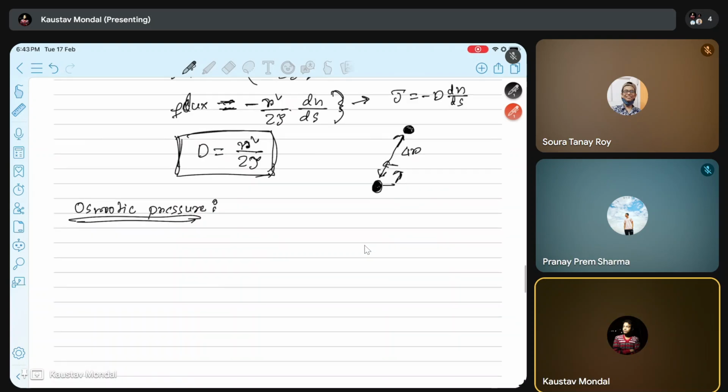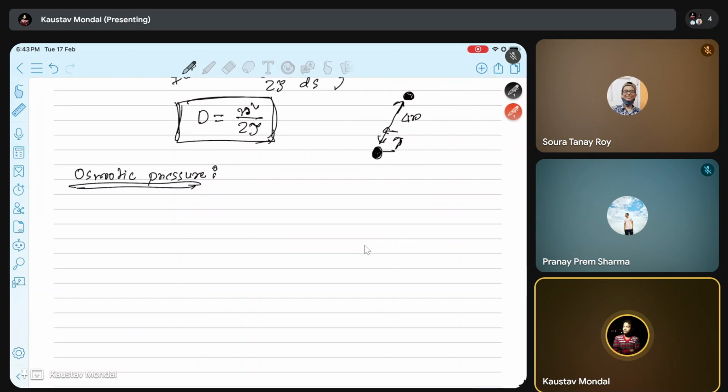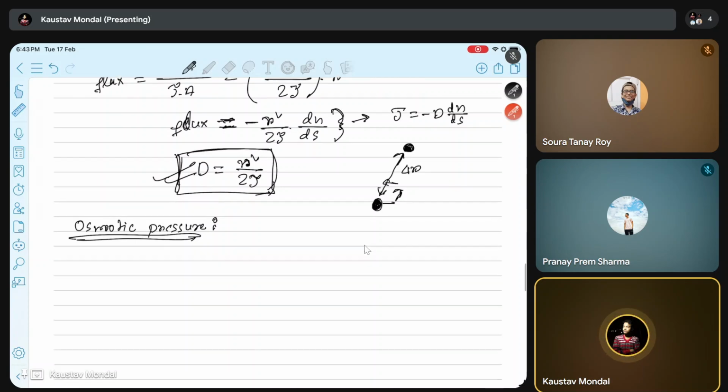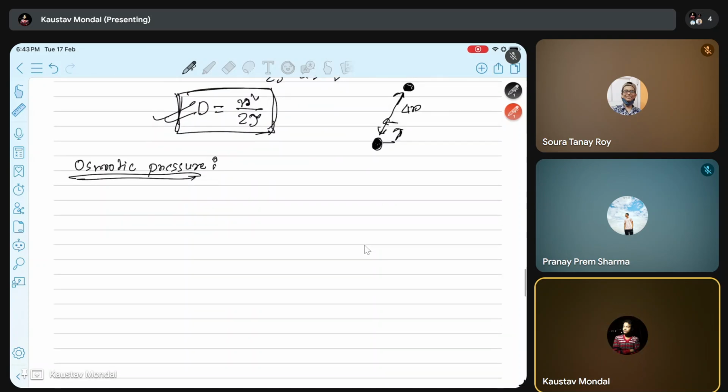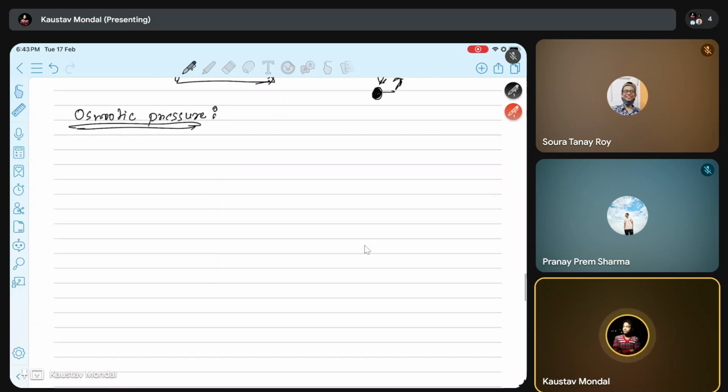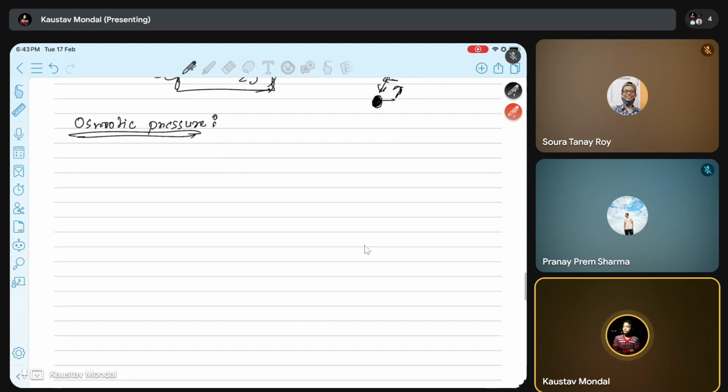So this is the expression. If you know tau and r square, then from there you can calculate the diffusion coefficient. Next, from the concept of osmotic pressure also you can calculate this expression of the diffusion coefficient.